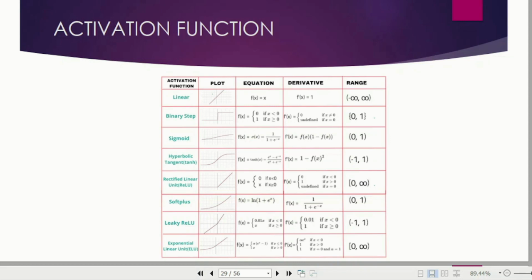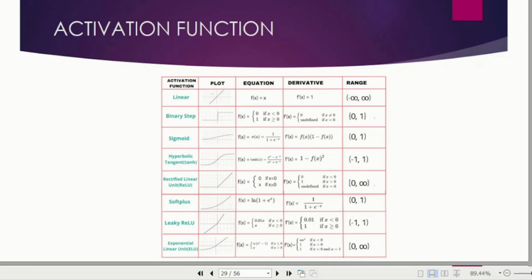If the inputs are large enough, the activation function fires. Otherwise, it does nothing. In other words, the activation function is like a gate that checks whether an incoming value is greater than the critical number or not.